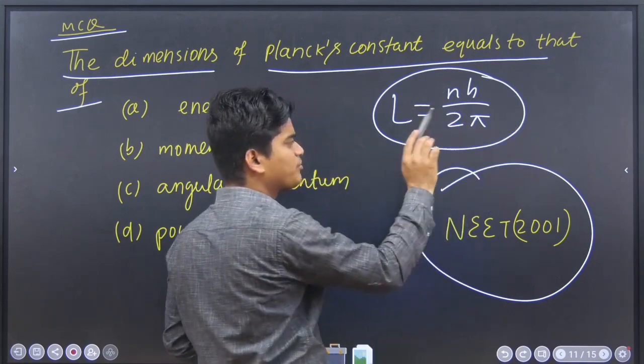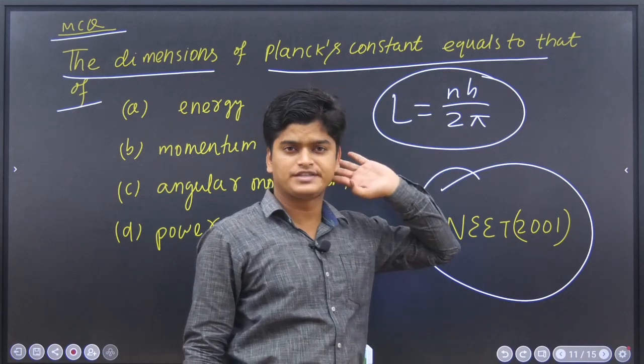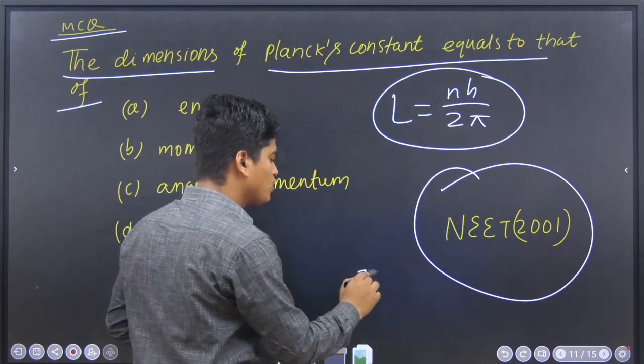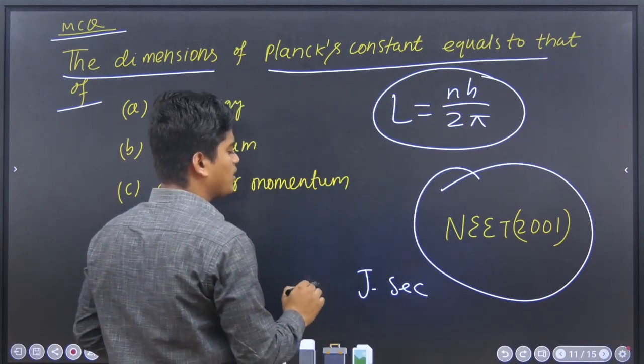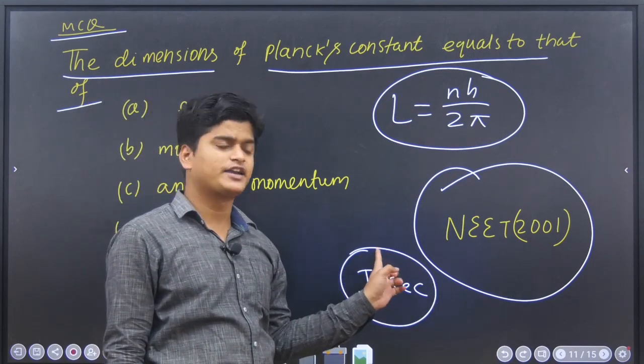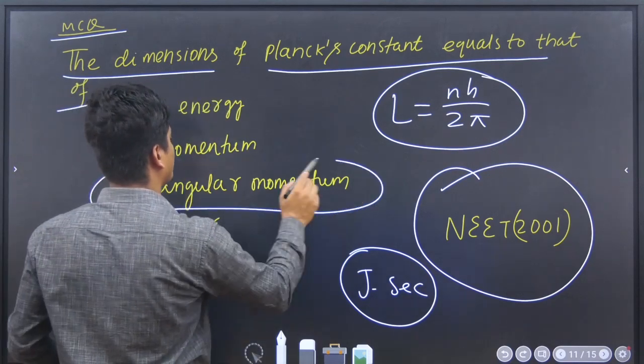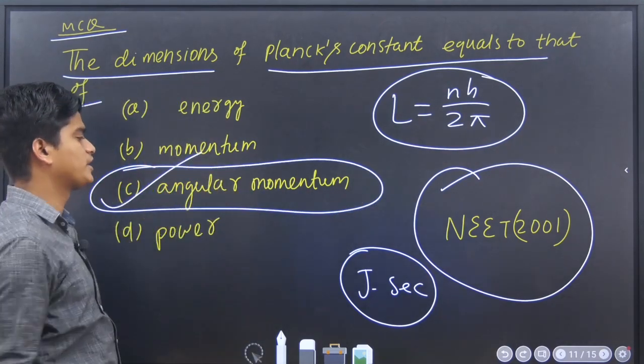So n is a number, pi is a number, 2 is a number, they have no unit, and L's unit will be equal to h's unit, which is nothing but joule into second, or you can write kg meter square second to the power minus 1. So this is your angular momentum unit. So the answer will be option C, correct.